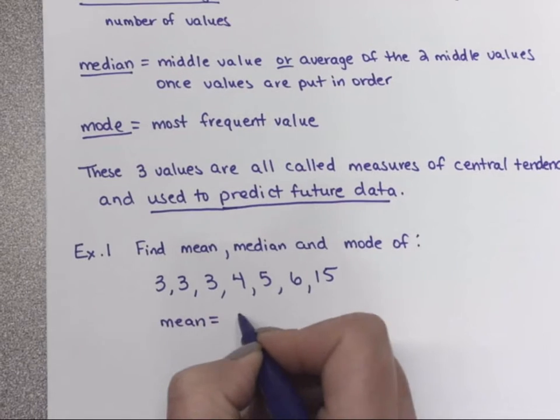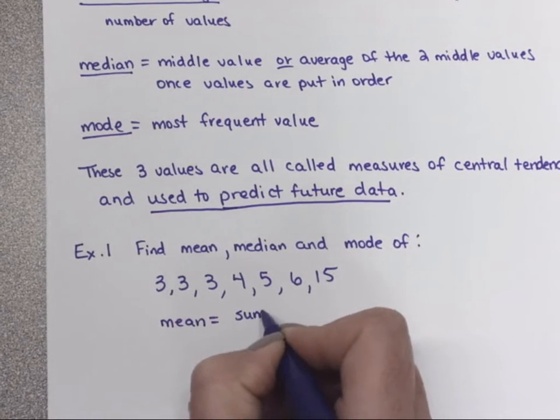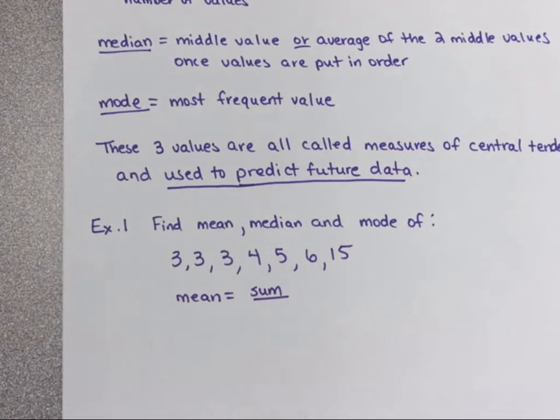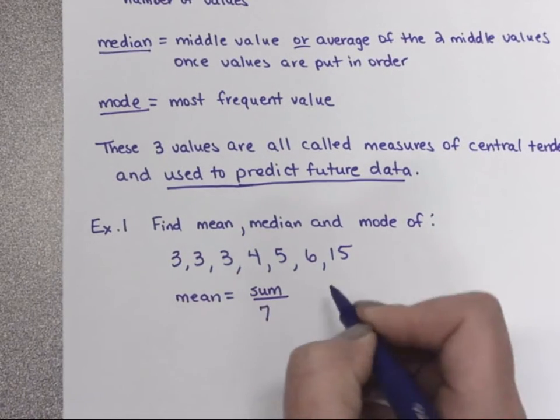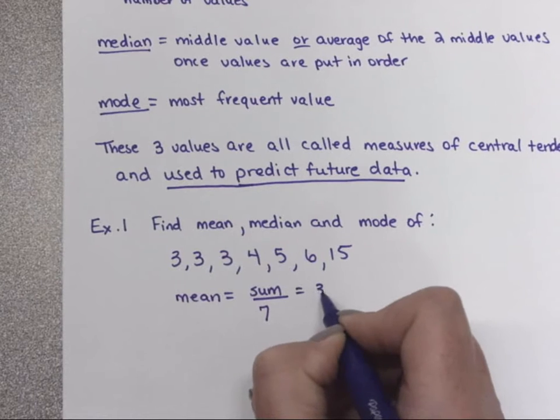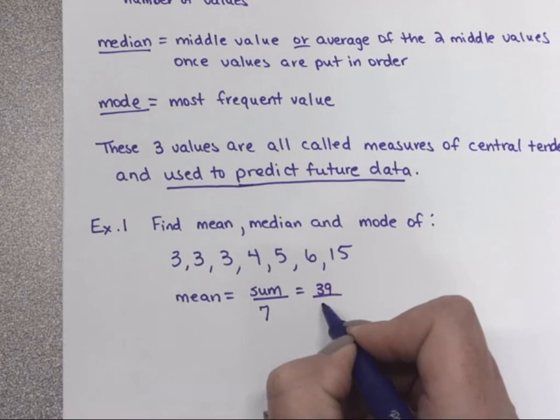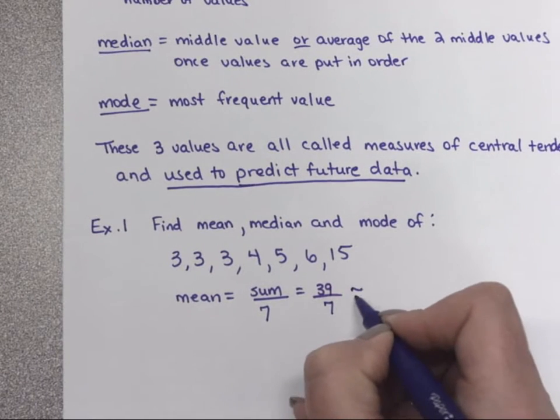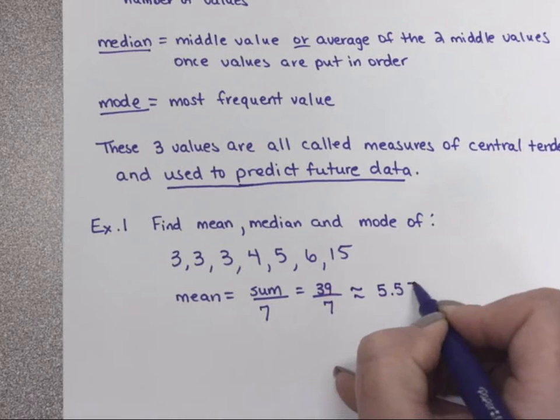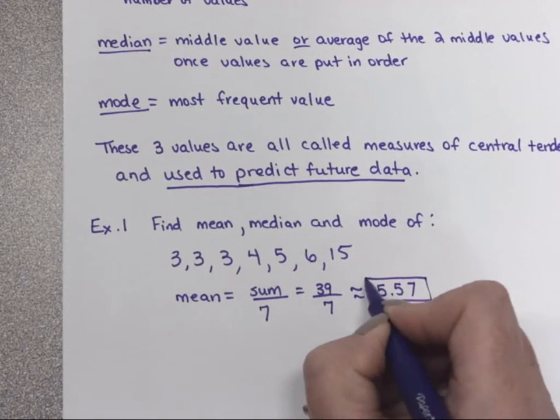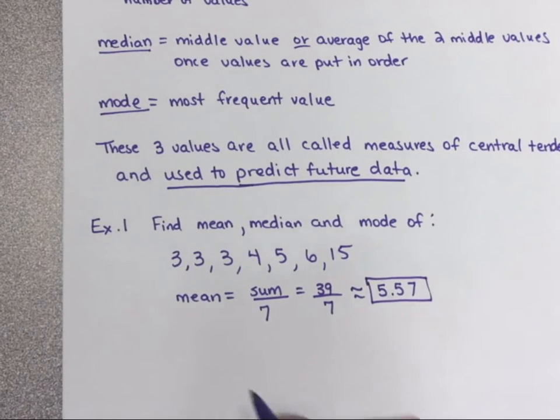But for now, the mean, we just need to find the sum divided by what? However many numbers there are, right? And how many numbers are there? 7. There are 7 numbers, okay? So we would do 39 is the sum you get divided by 7, which comes out to be about 5.57. Okay.